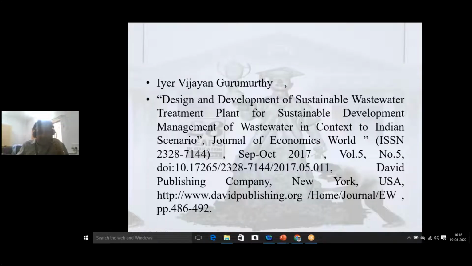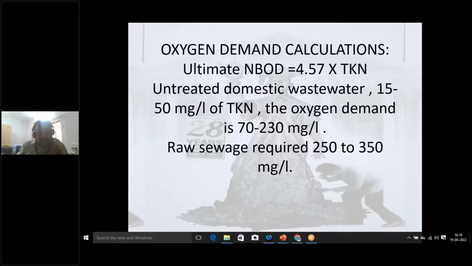Based on the research that has been conducted, design and development of sustainable wastewater treatment for sustainable development has been studied in the Journal of Economical World USA. For the oxygen demand calculations, nitrogenous BOD is equal to 4.57 times TKN.